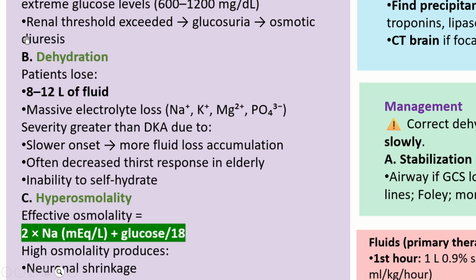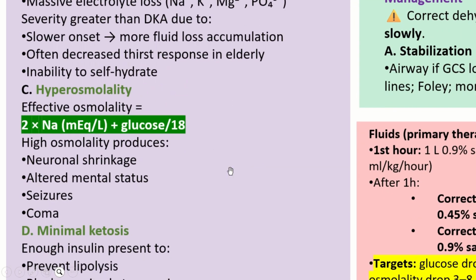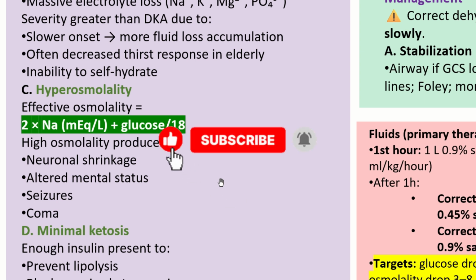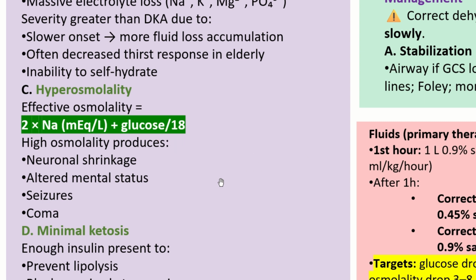Then as this continues, as the dehydration evolves, the osmolarity of the blood is going to increase. And when you look at the effective osmolarity, most of the time it's measured by this equation where you multiply 2 times the sodium in milliequivalents per liter, plus the glucose divided by 18. So you'll find that as the glucose rises, the serum osmolarity is also rising.